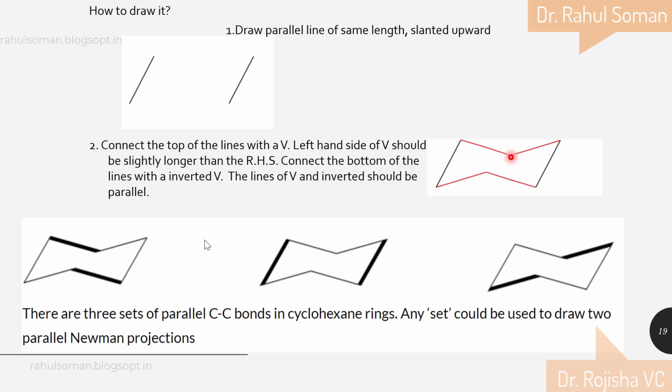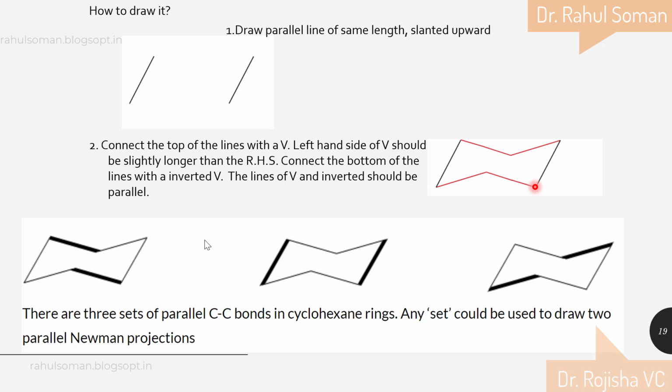Similarly, connect the bottom of the parallel lines as an inverted V. In the inverted V, the left side will be shorter and the right side longer. This is up to your convenience only.